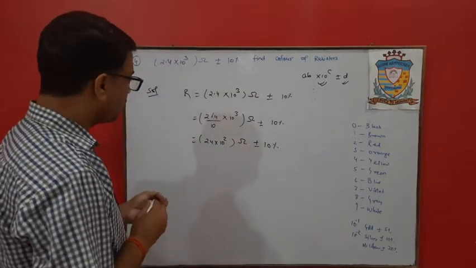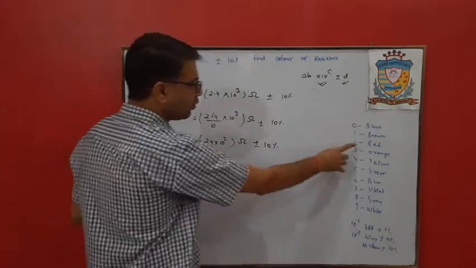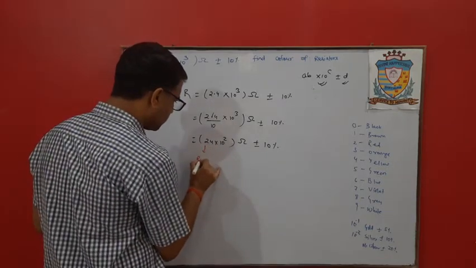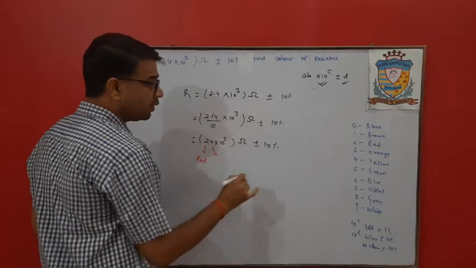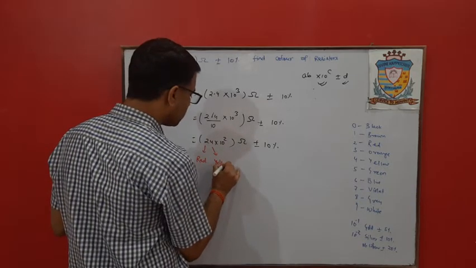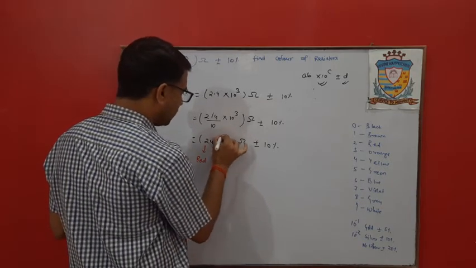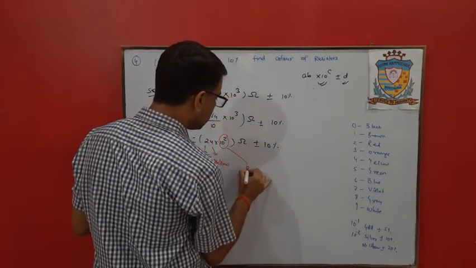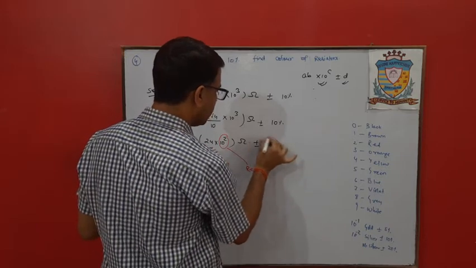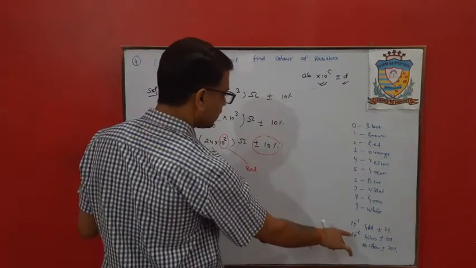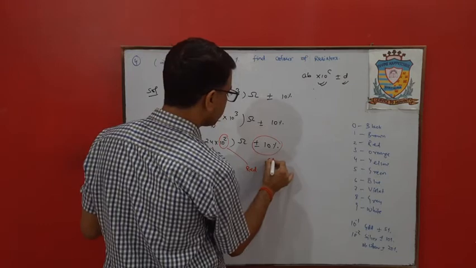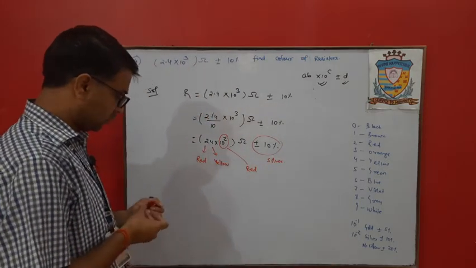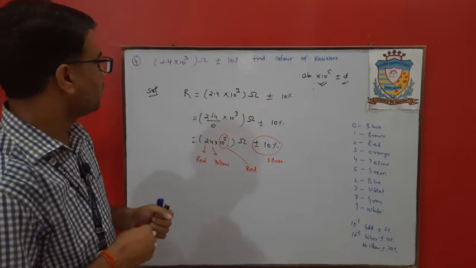For 2 we have the color red, 4 is yellow, the multiplier 10 to the power 2 is again red, and plus minus 10% is silver. Clear? So this is the solution of this question.